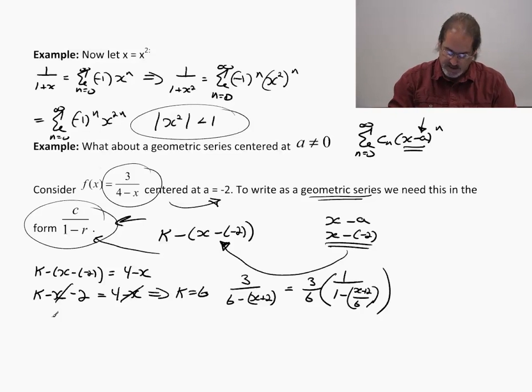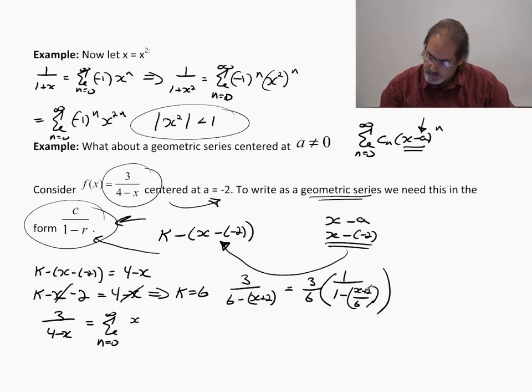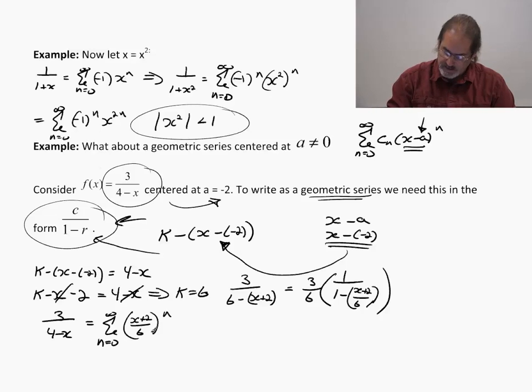So that tells me that 3 over 4 minus x is equal to the sum, n equals 0 to infinity, of (x plus 2 over 6) raised to the n, but I need this constant, so I'm just going to put this constant of 1/2 out front. I could have easily put it inside the summation, it doesn't really matter, it's a constant.